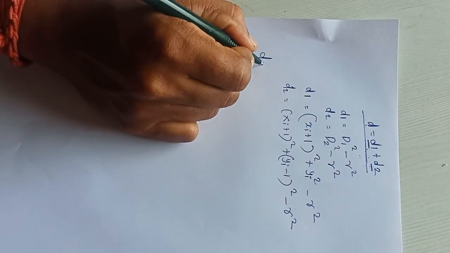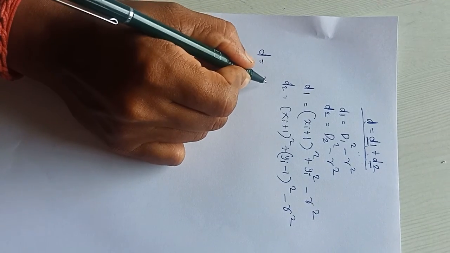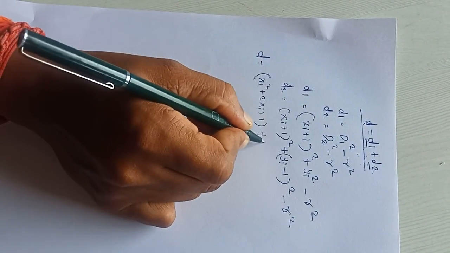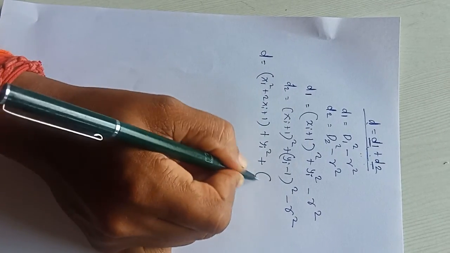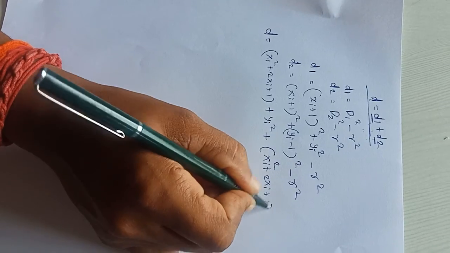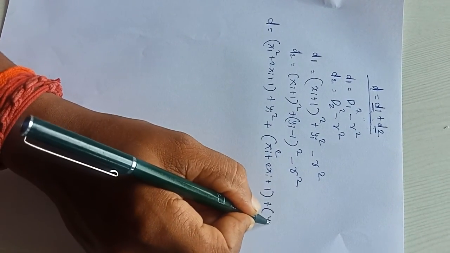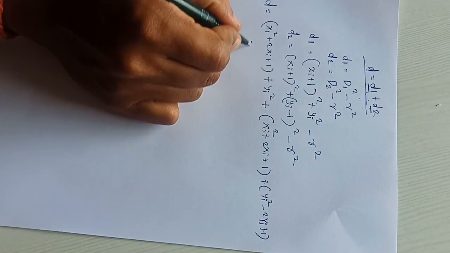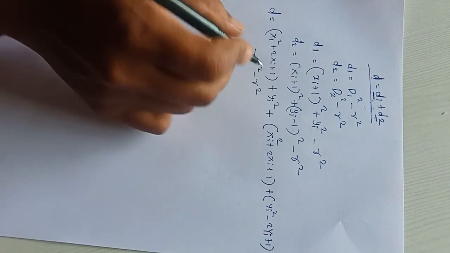So d equals xi squared plus 2xi plus 1 plus yi squared plus xi squared plus 2xi plus 1 plus yi squared minus 2yi plus 1 minus r squared minus r squared.